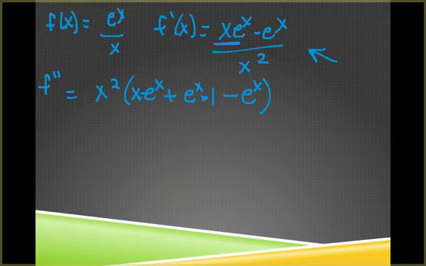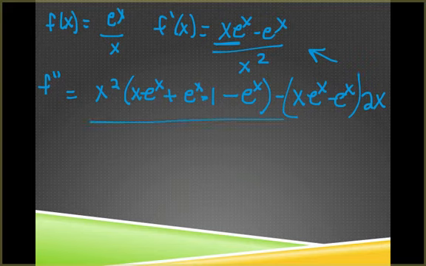So that's denominator multiplied by derivative of the numerator, minus, and now we keep the numerator and multiply by the derivative of the denominator. And all of that is over x squared squared.